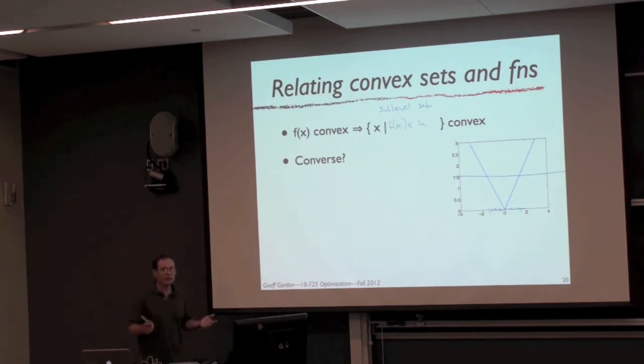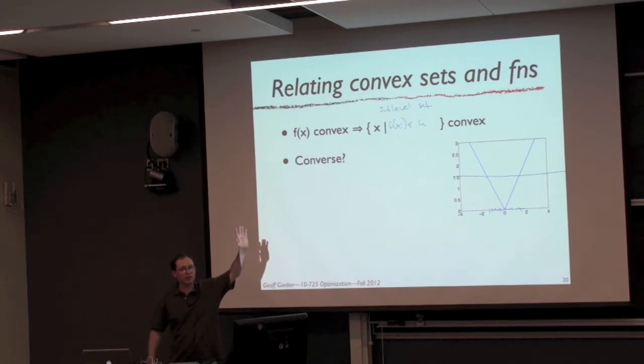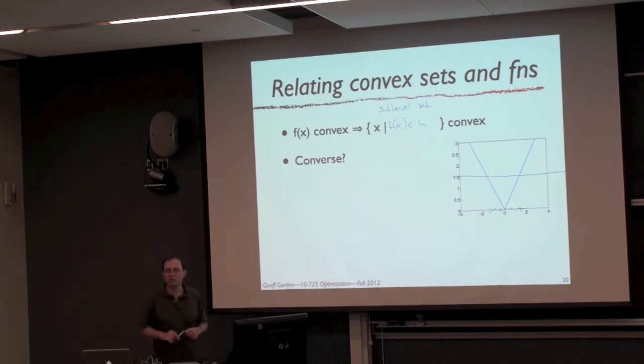All right, so here's an interesting conundrum. Is there a converse to this? If all of the sublevel sets of a function are convex, is the function going to be convex? Put it to a vote. How many people think yes? And how many people think no? The no seems to be winning. Somebody who said no, can you give a counterexample?